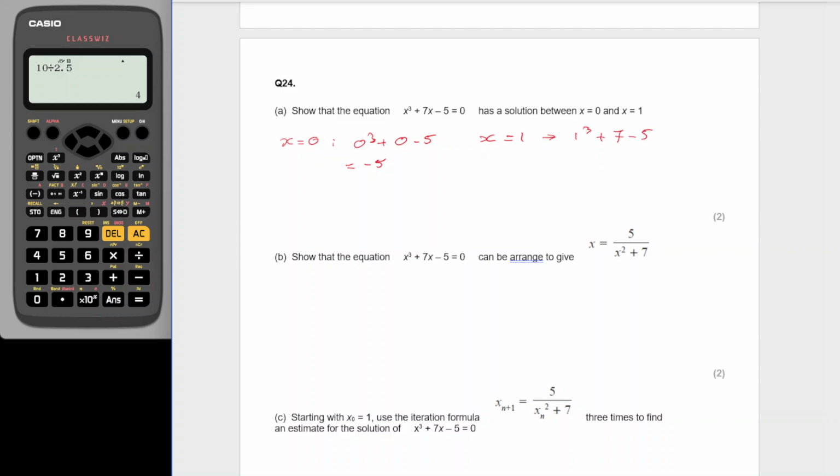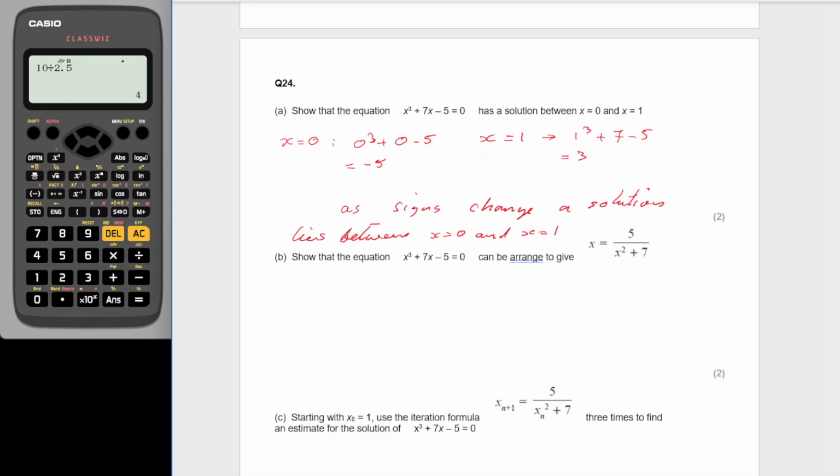So that would be 1 plus 7 is 8, minus 5 would be 3. So as signs change, a solution lies between x is equal to 0 and x is equal to 1.